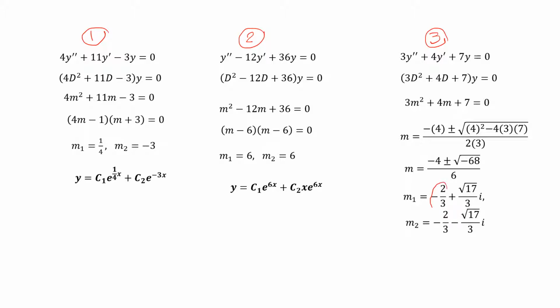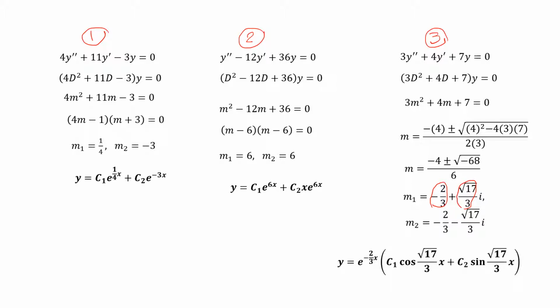The negative 2/3 will be associated with the e, and then this value, square root of 17 over 3, will be associated with the sine and the cosine.